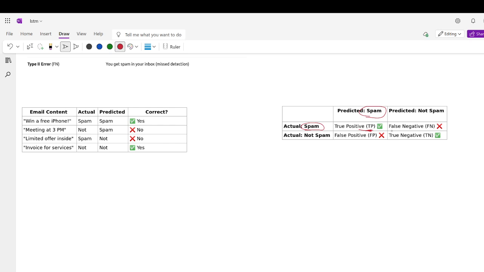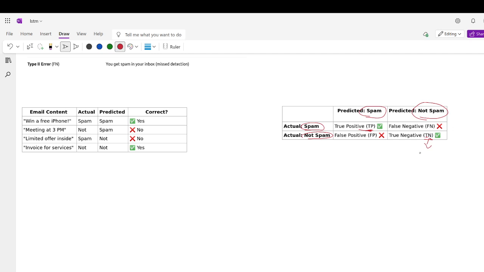Let's see the diagonal again. The diagonal here is the true negative. A true negative is when it's actually not spam, and your model classified it correctly as not spam, so it's a correct one. The second word tells us what class it is.